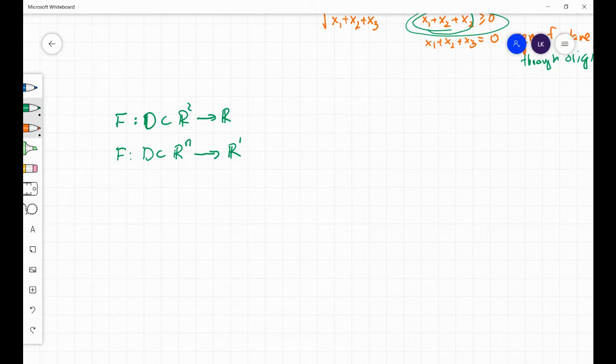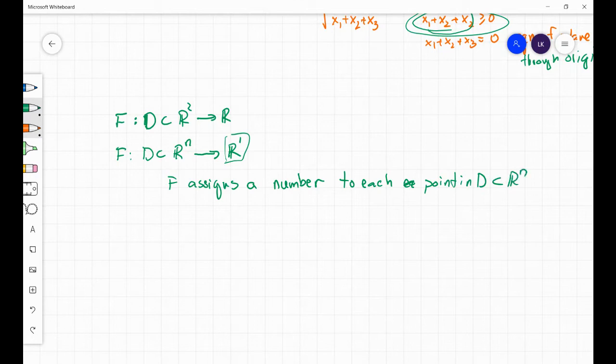Just in general, if you have a function from Rn to R, you think of f as assigning a number, because R is just the number line. The output is just a number to each point in D, where D is a subset of Rn, right?